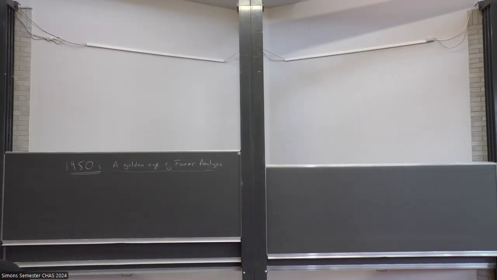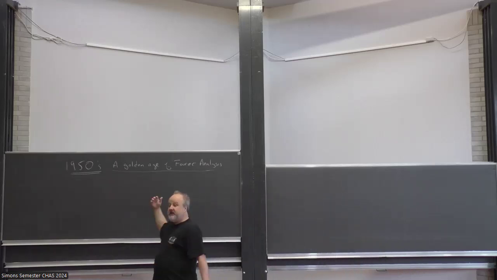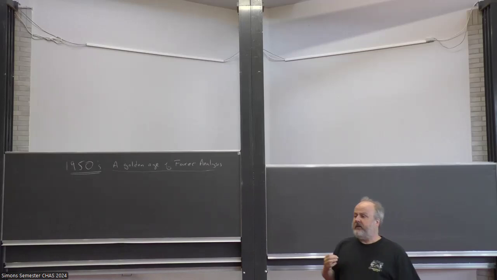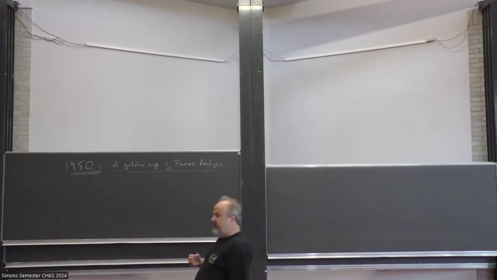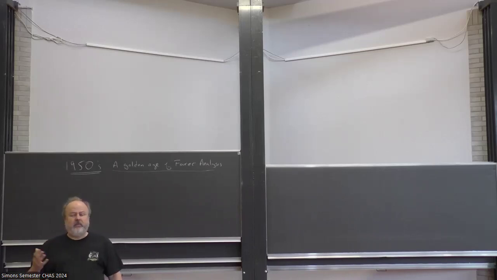So let me start by convincing you that the 1950s was really a golden age in Fourier analysis. In order to explain that and put it into context, I need to go back further in time, to the 1940s. In the 1940s, there was a very interesting conference at Princeton at the Institute for Advanced Study. The purpose of the conference was to give a post-World War critique of mathematics at that time.